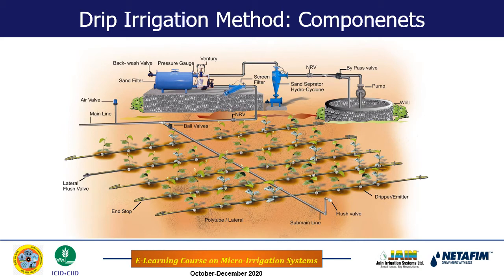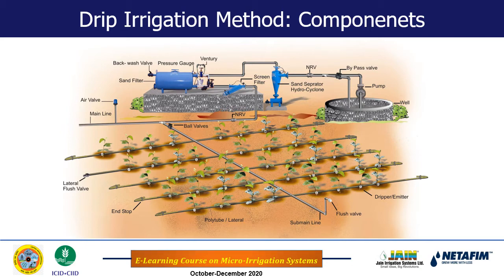As you see, it is coming into the field, and on both sides of the submain there are again pipelines which run along the rows of the plants, and these are known as the lateral pipelines. So this is the pipe network in the field. The main pipeline brings water to the submain, and the submain brings water to the laterals.